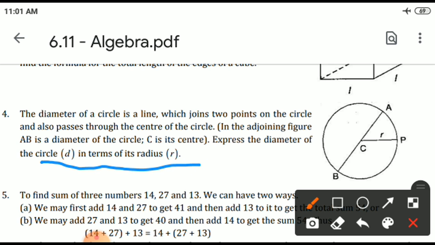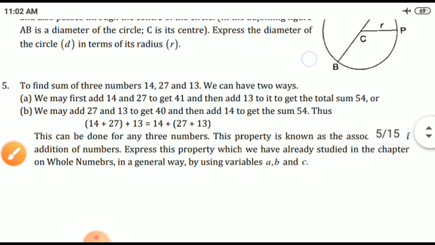Here AB is the diameter and CP is the radius. CA is also a radius, CB is also a radius, and when two radii pass through the center, it's called the diameter. Okay.